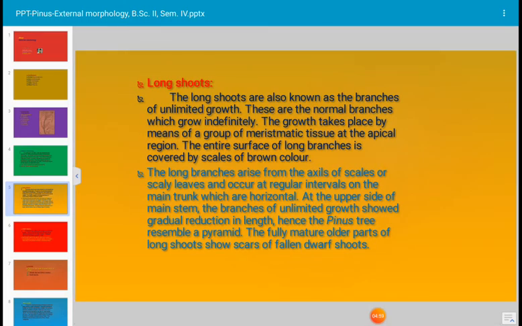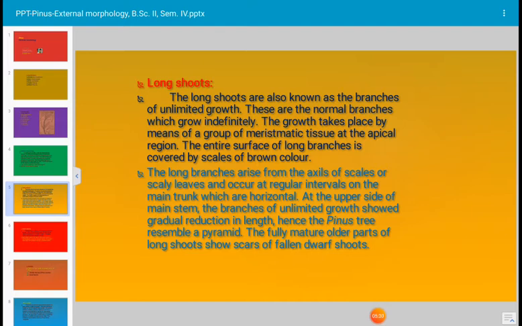Hence the Pinus tree resembles a triangle or a pyramid. The branches of long shoot at the lower region are longer, and the branches of long shoot at the upper region are reduced. Because of such gradual reduction of the long shoots on the main trunk, the Pinus looks like a pyramid, or triangular.